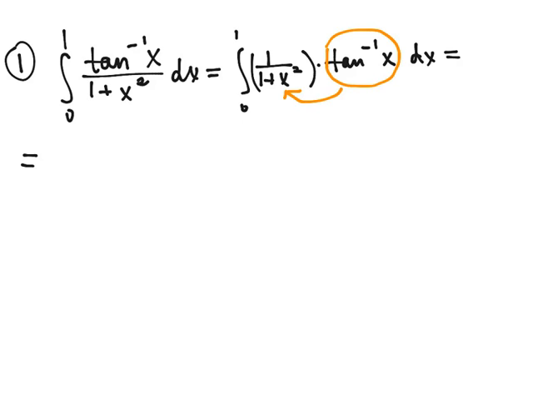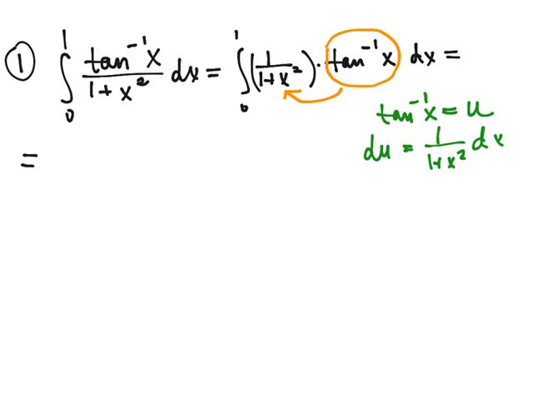So let's see. Tangent inverse of x equals u. Therefore, du equals 1 over 1 plus x squared dx.